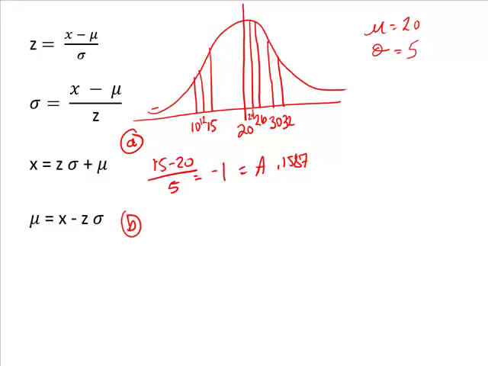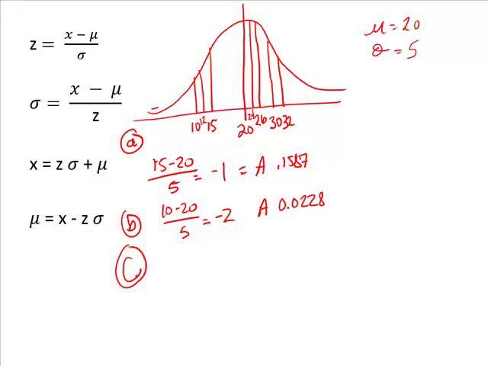All right. B. In less than 10 minutes. You do it, Joey. I did 10 minus 20 over 5 came out to negative 2. Negative 2 is 0.0228, which is 2.28%. Okay. That sounds good.